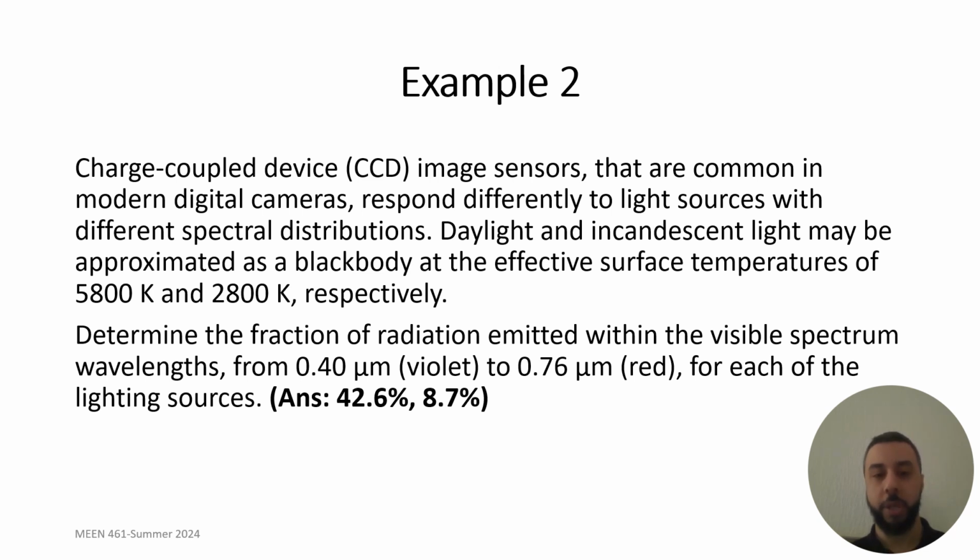So they want to know the fraction of radiation emitted within the visible spectrum, from 0.4 to 0.76 micrometers, at these two temperatures, 5800 K and 2800 K. We'll do these one by one. We'll start with the 5800 K, the daylight, and then we'll do the incandescent light at 2800 K.